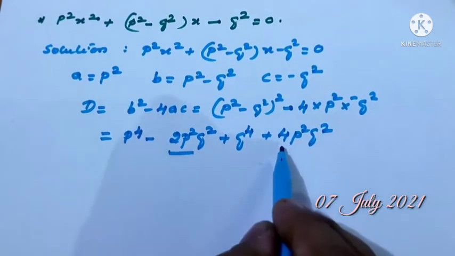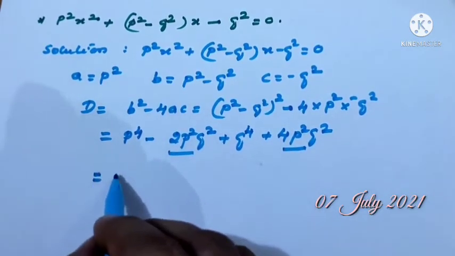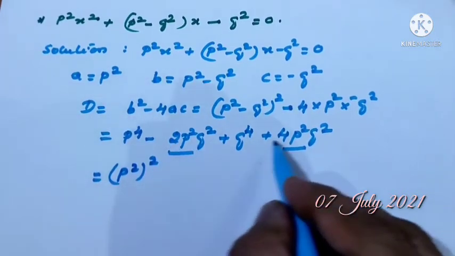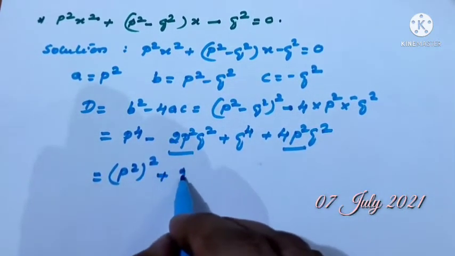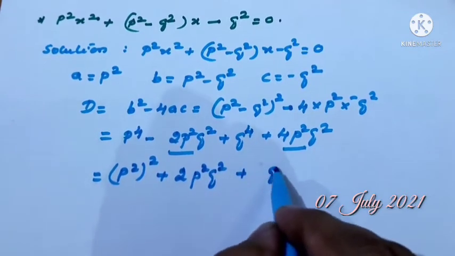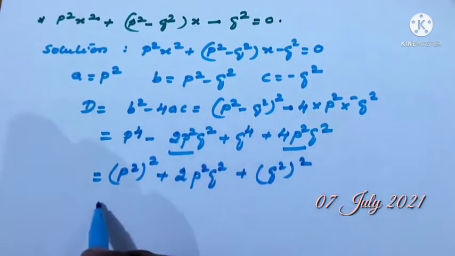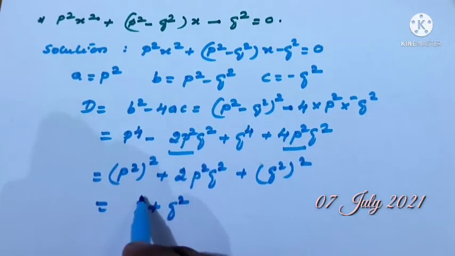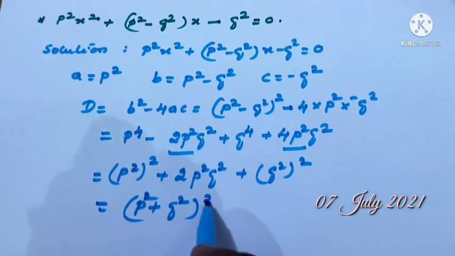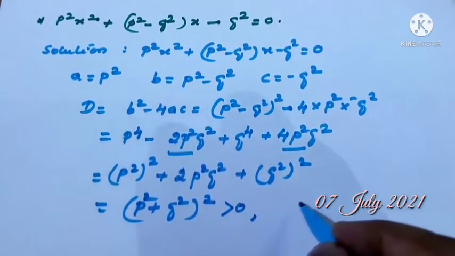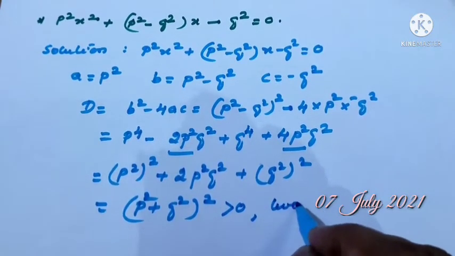So after the simplification of these two, we will get p raised to 4 can be written as p square whole square, minus 2 plus 4, that is plus 2p square q square. Again q raised to 4 I am writing q square whole square. So instead of this I can write (p square plus q square) whole square only. So the discriminant is a square form, so definitely it is greater than 0. So the equation is having two distinct real roots.